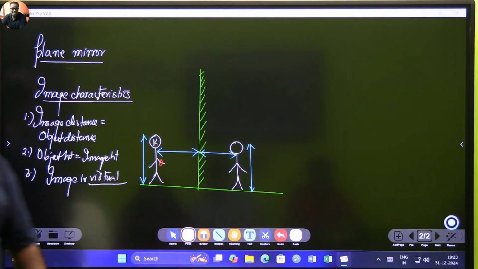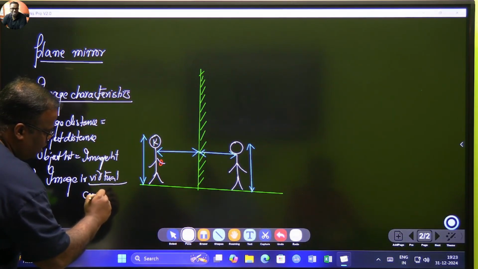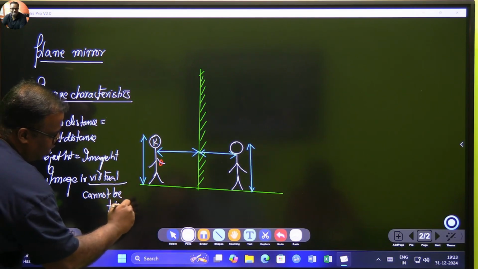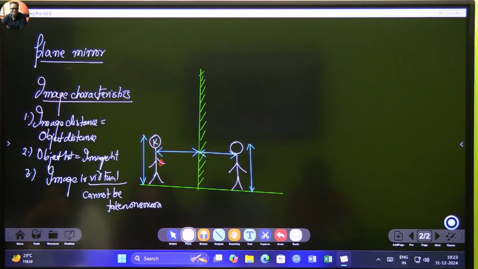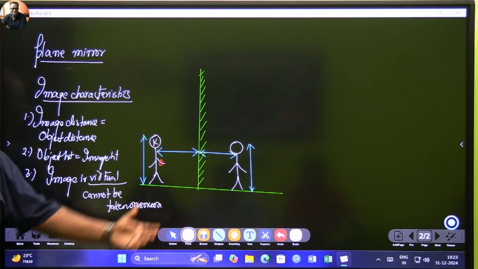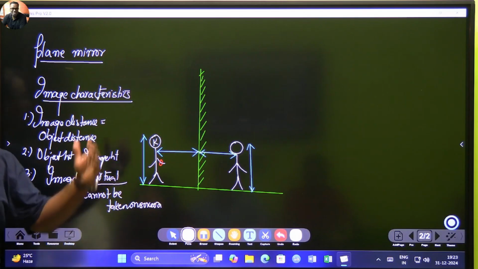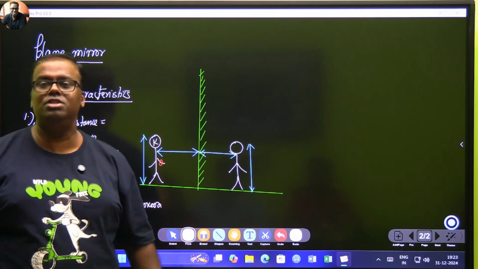The image is virtual. Virtual means this cannot be taken on screen. When you watch yourself in the mirror, you can't take your image on a screen. So you can't project this image on any screen. Screen means right now your shadow image is falling on this wall.